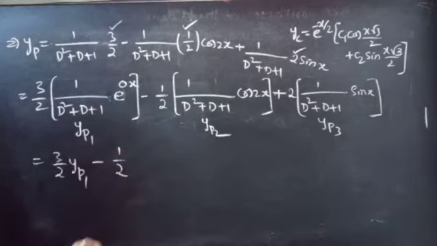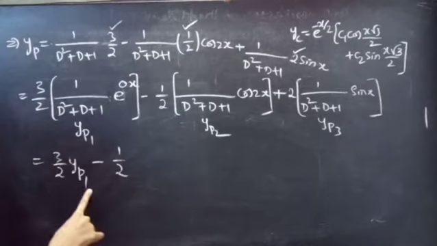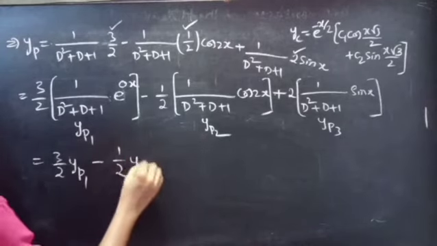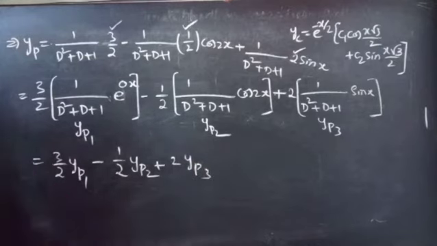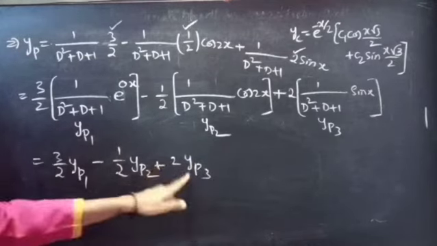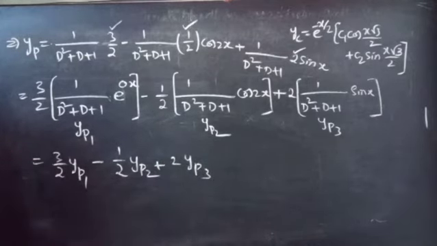Then this becomes 3 by 2 into yp1 minus 1 by 2 into yp2 plus 2 into yp3. Now we need to find the results of yp1, yp2 and yp3.